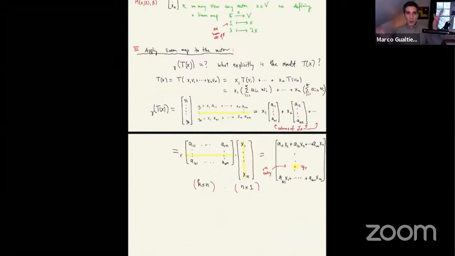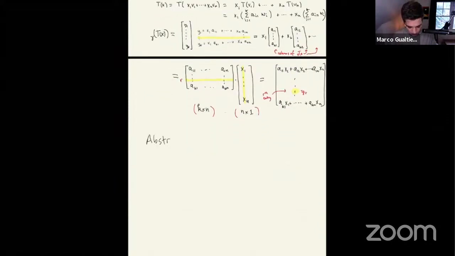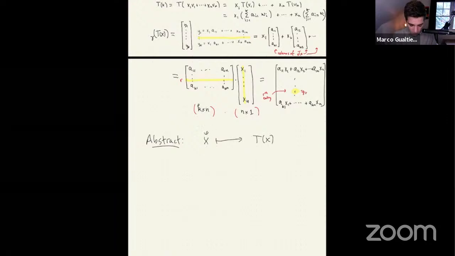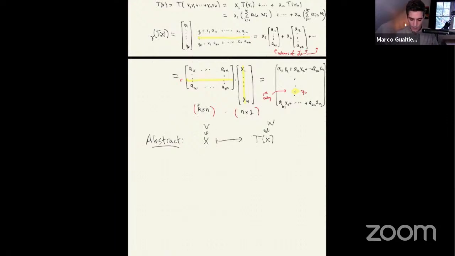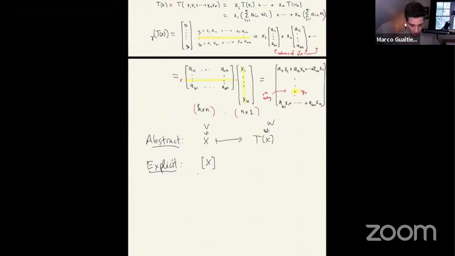So you have two things. You have the abstract and you have the explicit. So let me just write that. So abstract: x is taken to Tx. This is in V. This is in W. Okay. And then explicit is that you have a column vector, let me write it with brackets, which uses the basis beta.